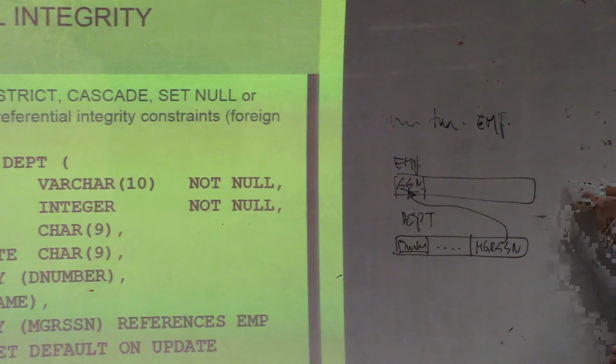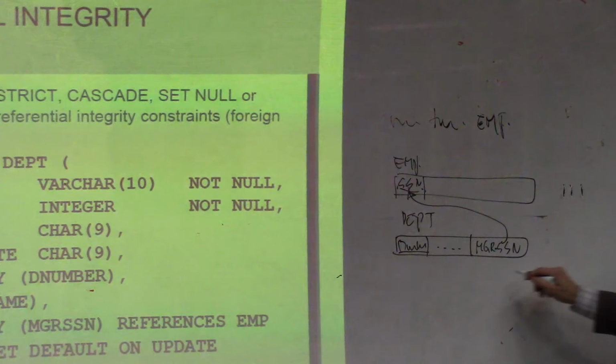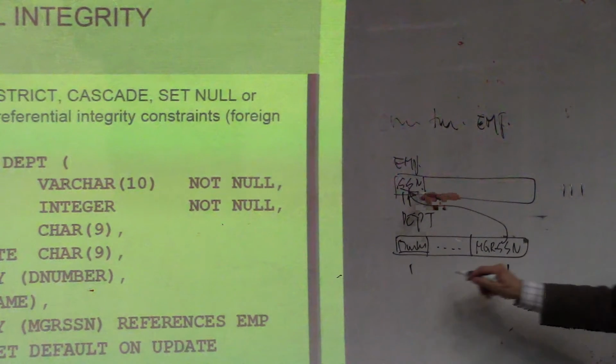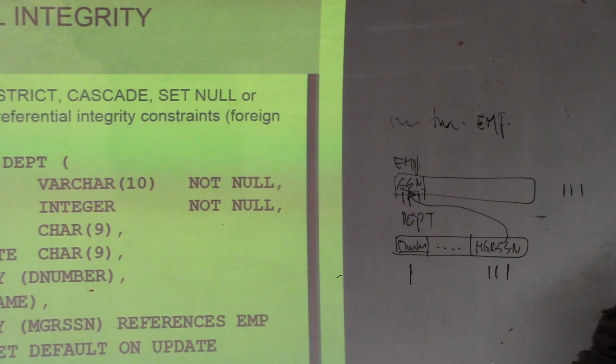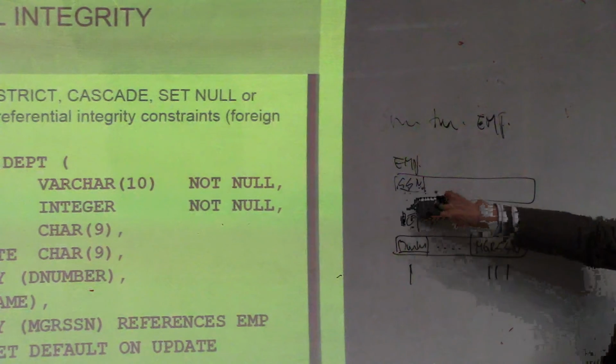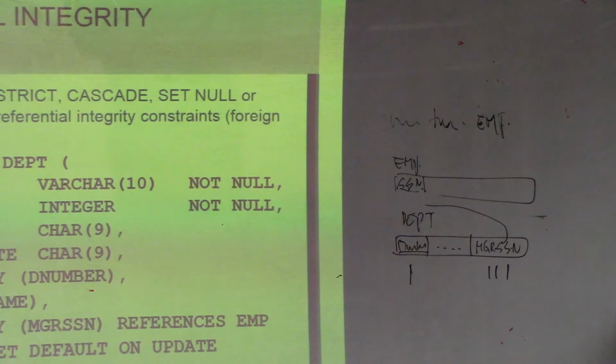So for example, we have 111 and 111 here. So 111 is the employee, and 111 is the manager of department number 1. At that time, what if this one is deleted? There is no reference data. It doesn't make sense.